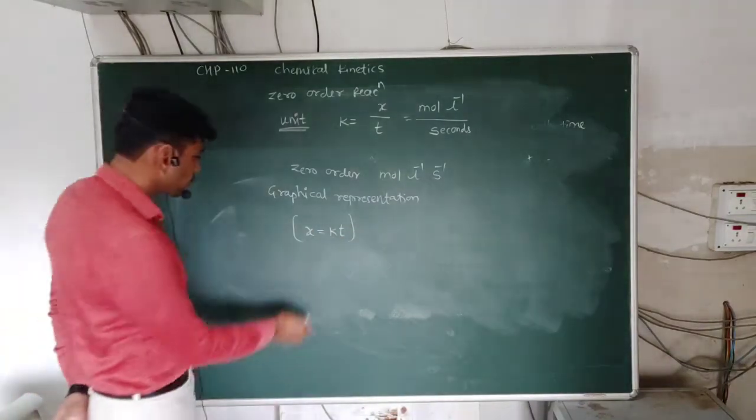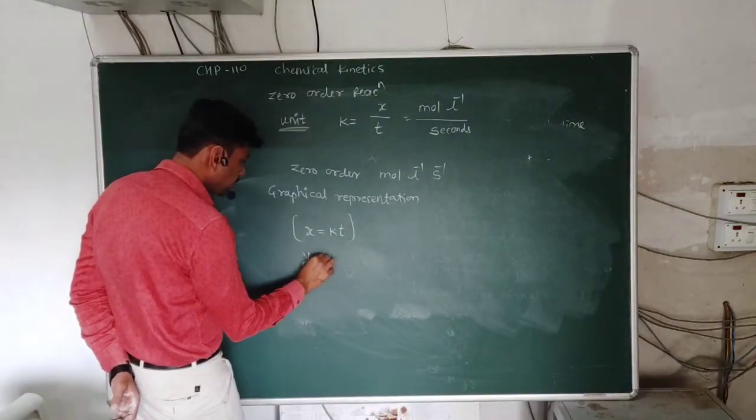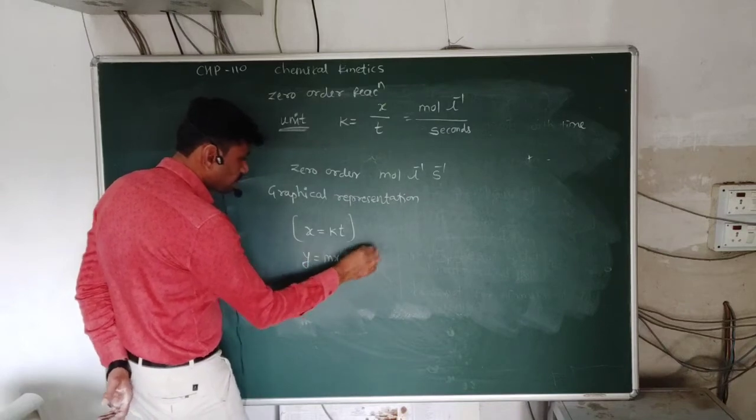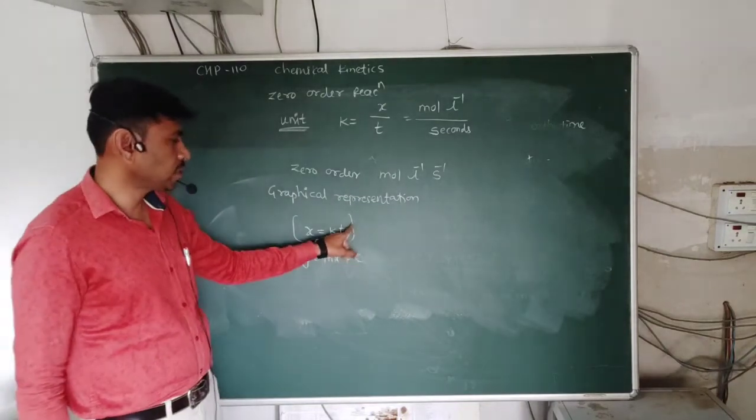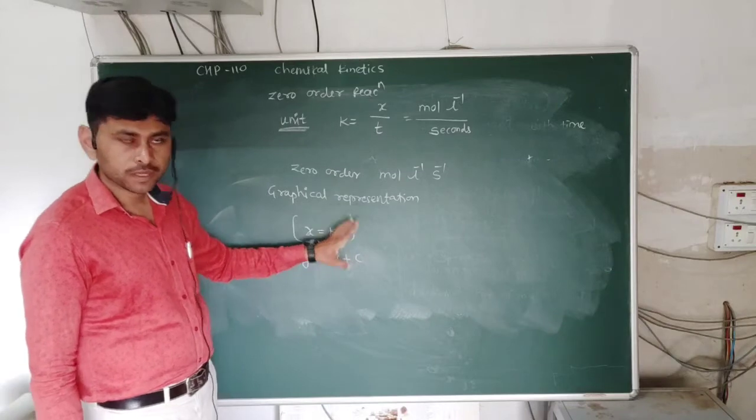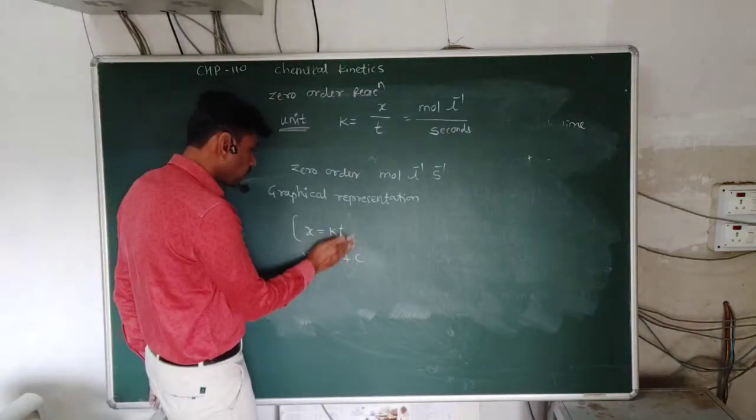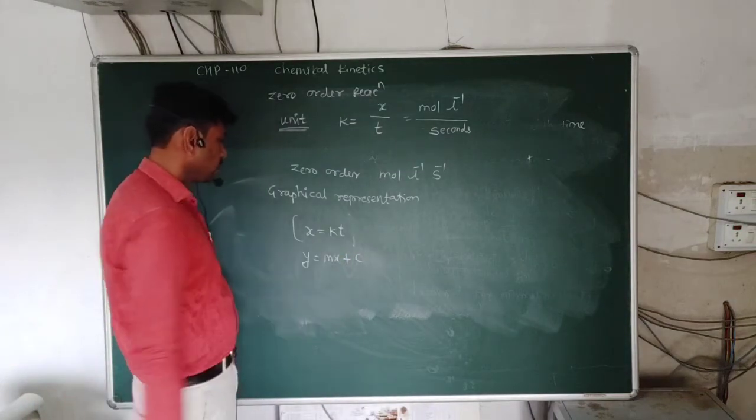If we compare this equation with the equation of a straight line, y is equal to mx plus c, but here plus c is 0. Plus c is not here, so there is no intercept for this equation.